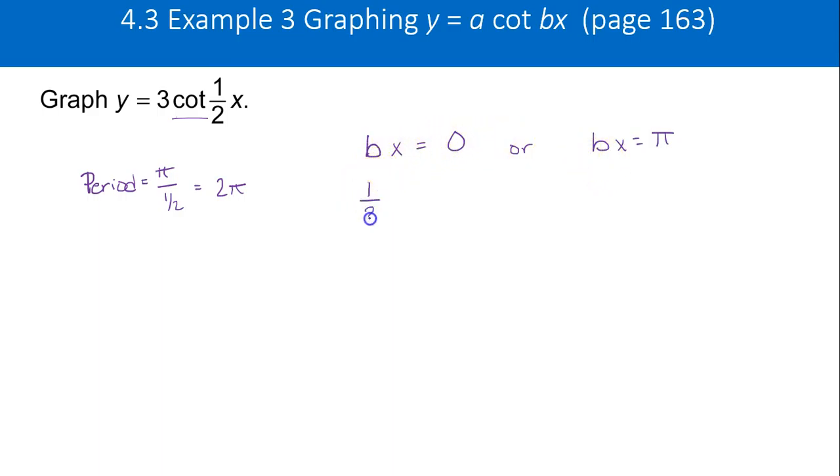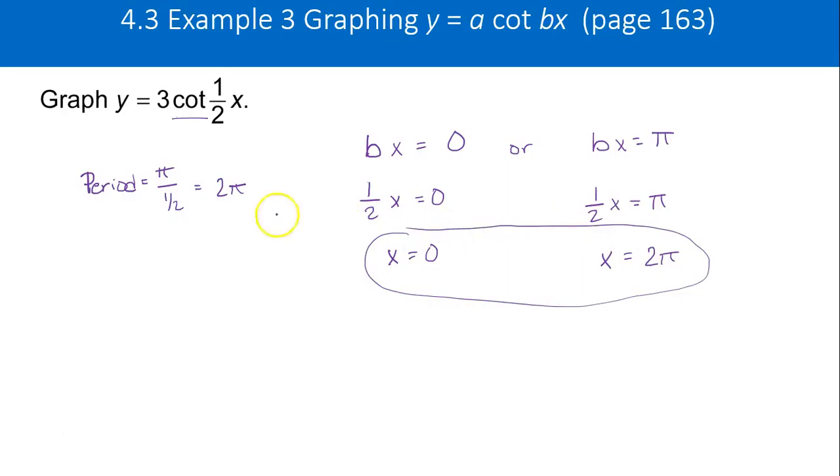So 1/2 x equals 0 and 1/2 x equals pi. So on this one, of course, x is going to equal 0 on this, and then x is going to be equal to 2 pi. And now that we have our vertical asymptotes right here, those are the ones that we're going to plot on our graph.